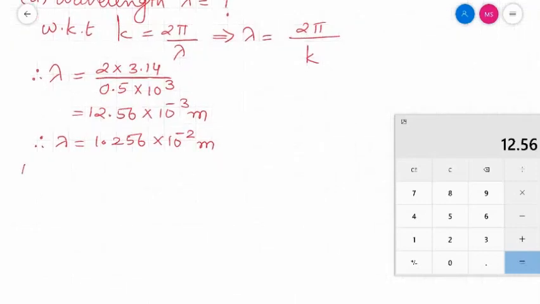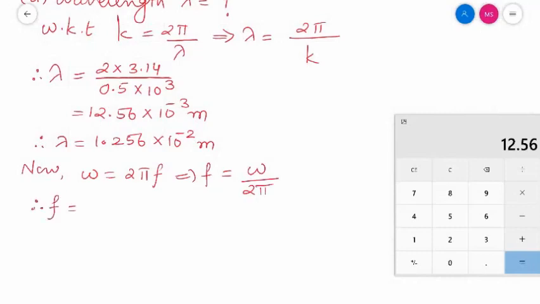Now for frequency we can use c is equal to lambda f, or we can use omega is equal to 2 pi f, which implies that frequency f will be equal to omega over 2 pi. So therefore frequency f will be equal to 1.5 into 10 raised to 11 over 2 into 3.14.